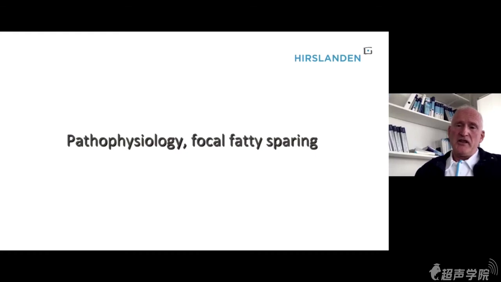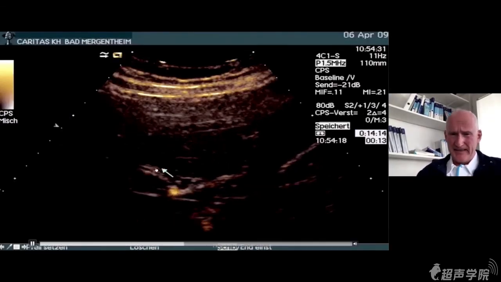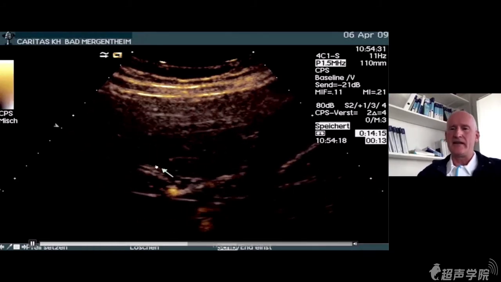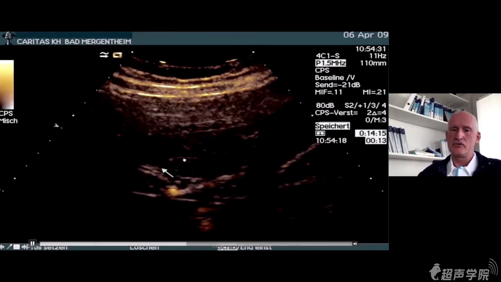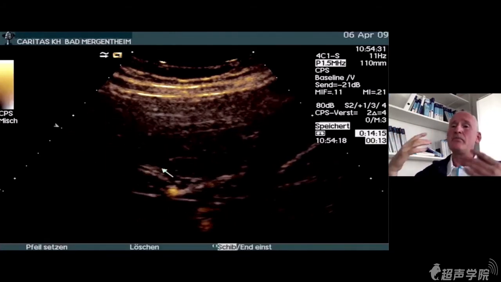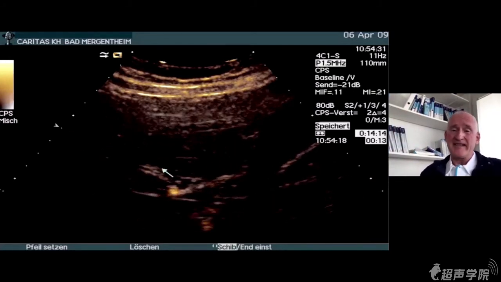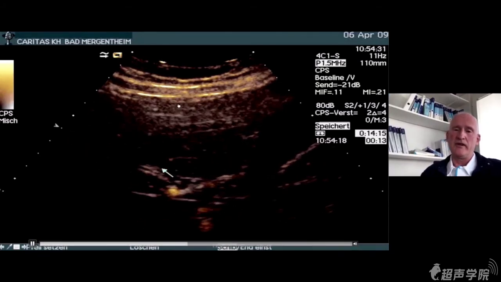Regarding the pathophysiology of focal fatty sparing, it might show mesh-like features, but typically they have a central artery, a predominant arterial perfusion, less portal vein perfusion, less fat, less insulin, and therefore are hypoechoic because they are less fat containing in comparison to the surrounding steatosis or fatty liver.